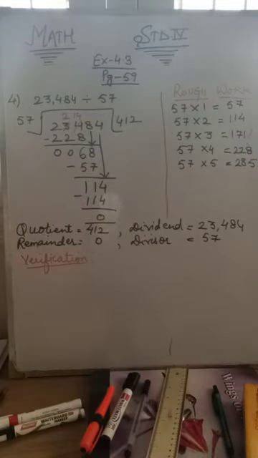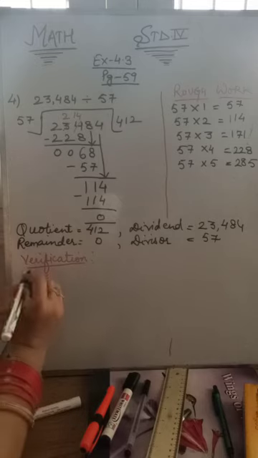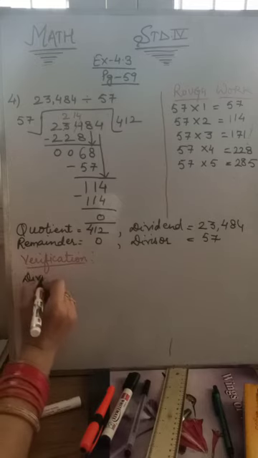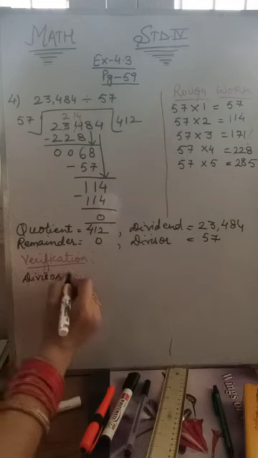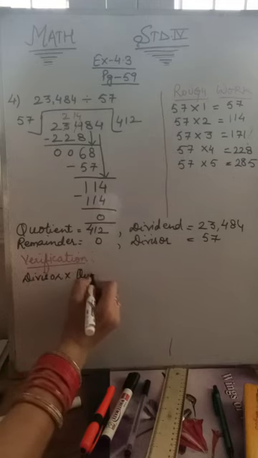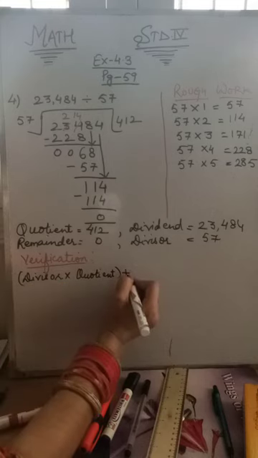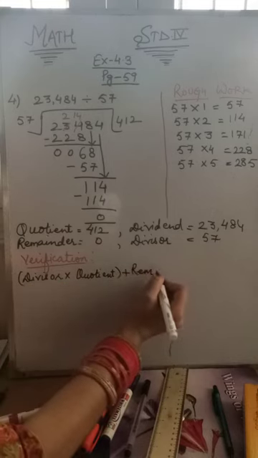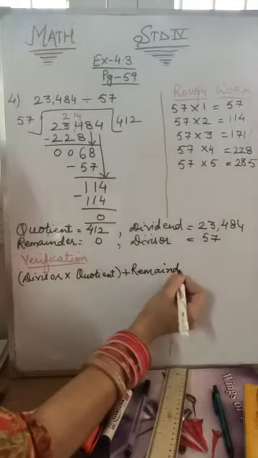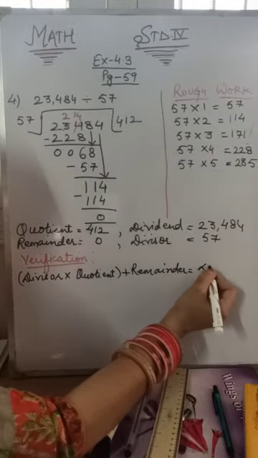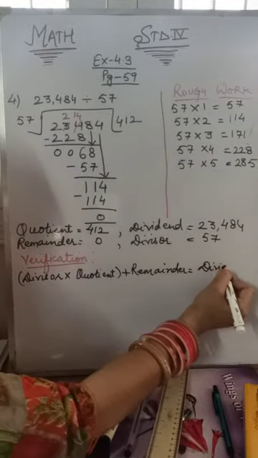You know the formula for verification? Yes. Let's write the formula for verification. That was divisor multiply quotient plus remainder is equal to dividend.